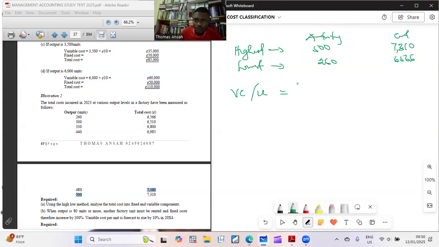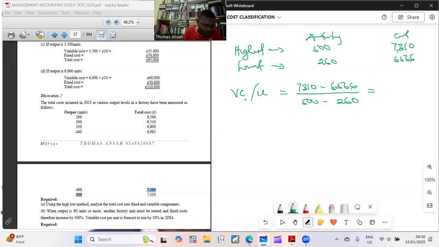So what will be the variable cost per unit? You use the cost at the top. So it's cost per unit, so unit is down, right? So never be confused. 7,310 minus 6,566 all over 500 minus 260. All right. So if you do this, we know that the down, 500 minus 260, will give us 240, right?